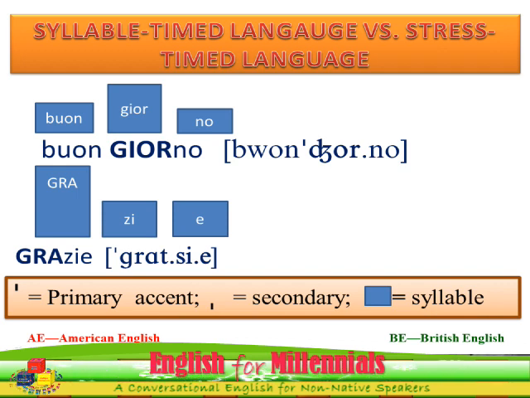But as you notice, all the syllables have the same length because we produce with equal length of time interval. By the way, buongiorno means good morning or good afternoon or good day in Italian.